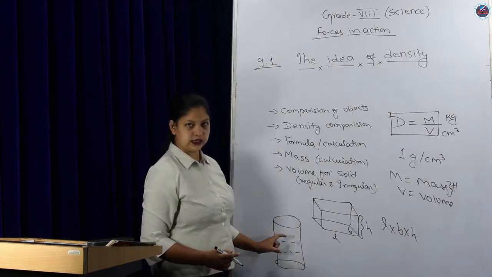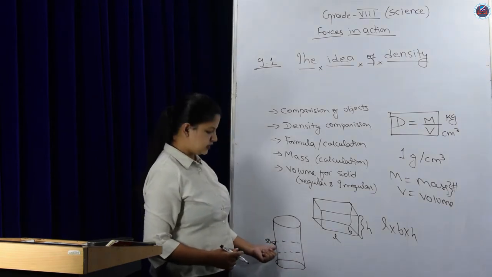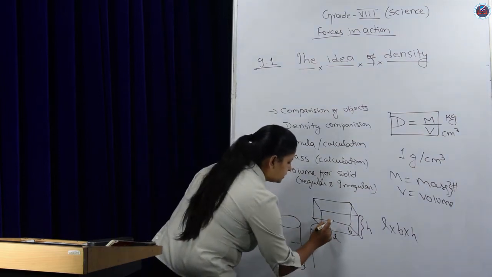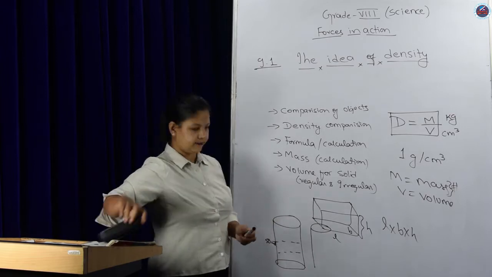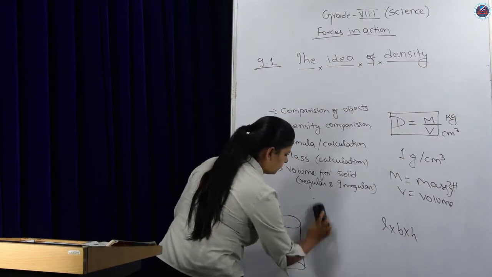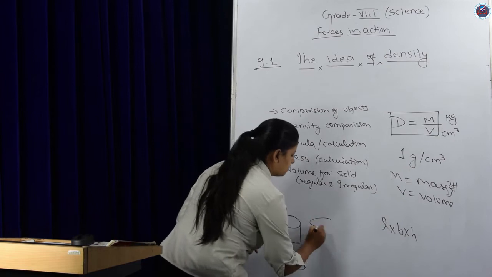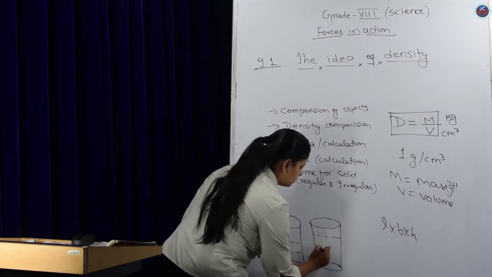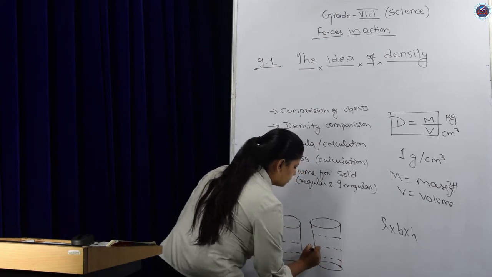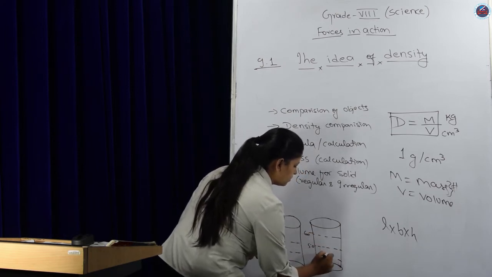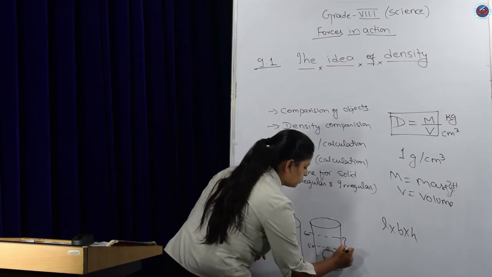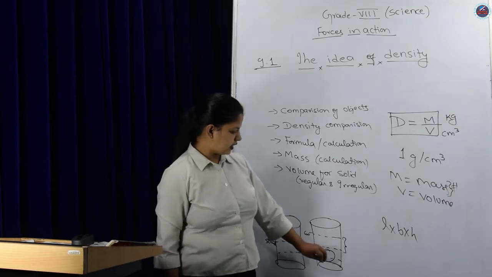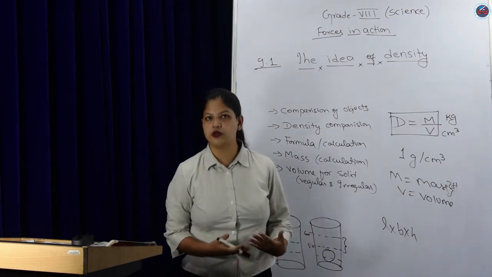Suppose this container, a measuring cylinder, has water filled till 50 ml. Now in that container, you put an irregular object whose volume you don't know.